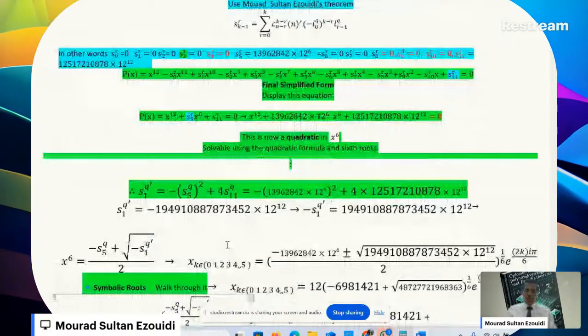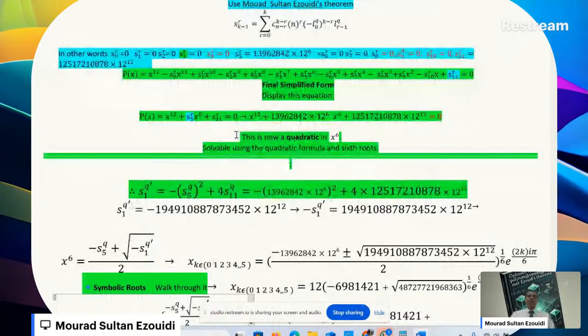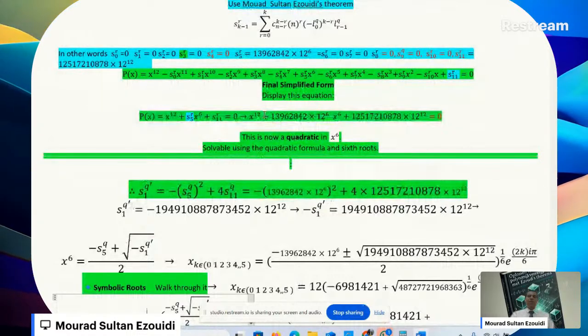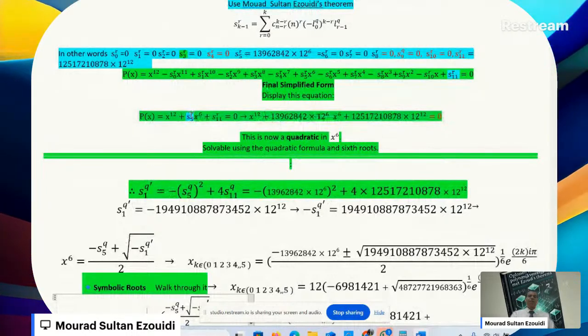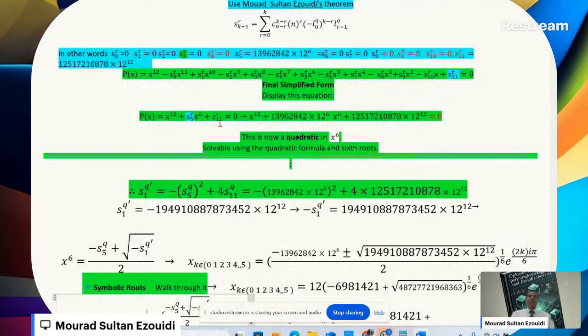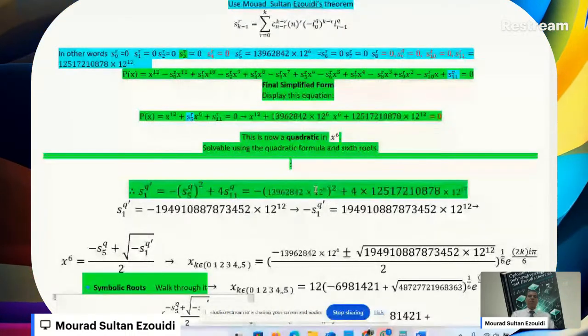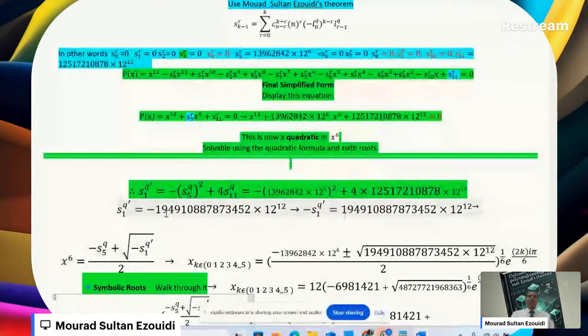So here, according to me, the solution equals negative S5. Okay, let's see what it is. Yes, it will be minus S5 over 2 plus or minus the root of S5 squared minus 4 times S11. So just put in the calculation and you'll find the value under the root is negative here.